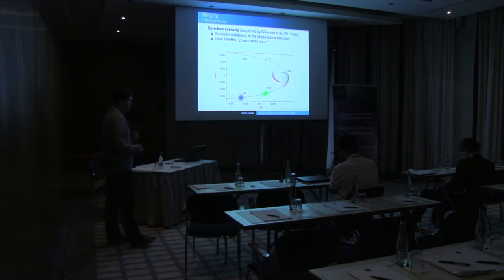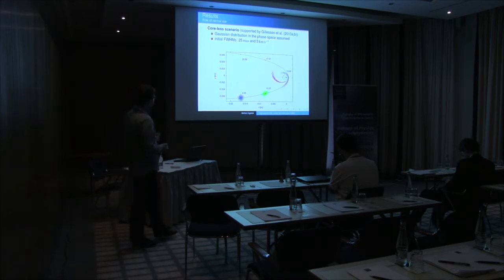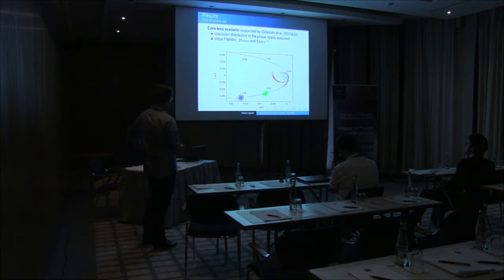Then we discuss also the role of the central star. So here is the run in the orbital plane for the coreless scenario with Gaussian distribution.